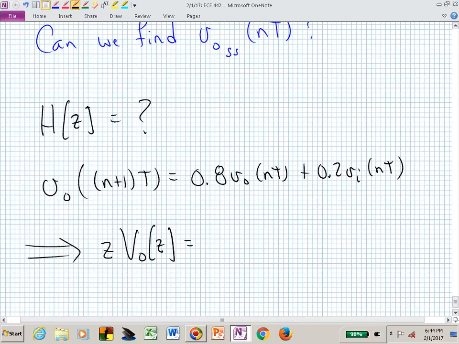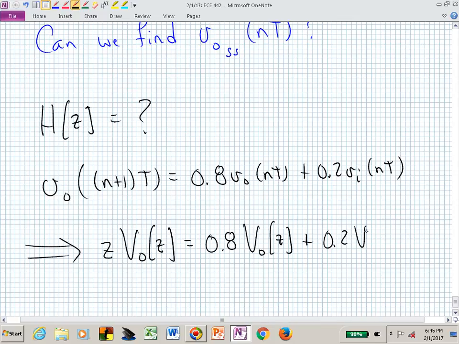What happens if I z-transform the first term on the right-hand side? That scaling just factors through the z-transform definition, and what's the z-transform of little v naught? That's too easy, isn't it? We just have to hit the shift key on our typewriter. We just need to capitalize it. We now have capital V naught of z.